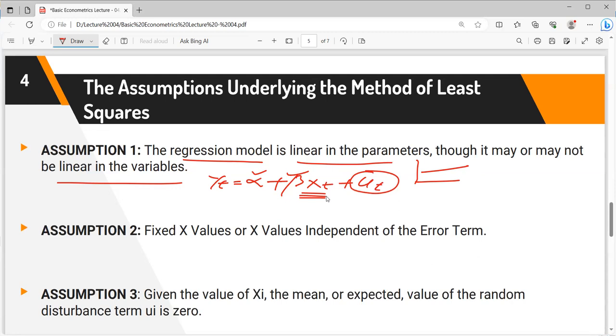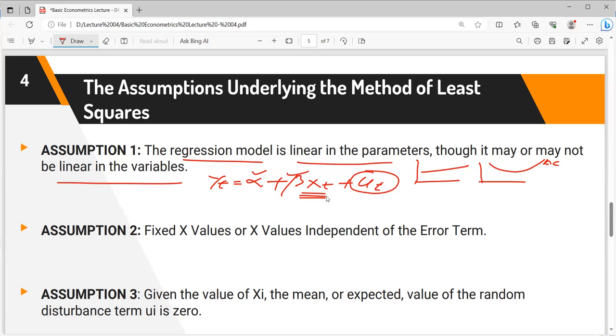It may be non-linear, like the cost functions. The average cost curve is non-linear. In economics, the variables need not be linear. It depends on the relationship between the two variables.